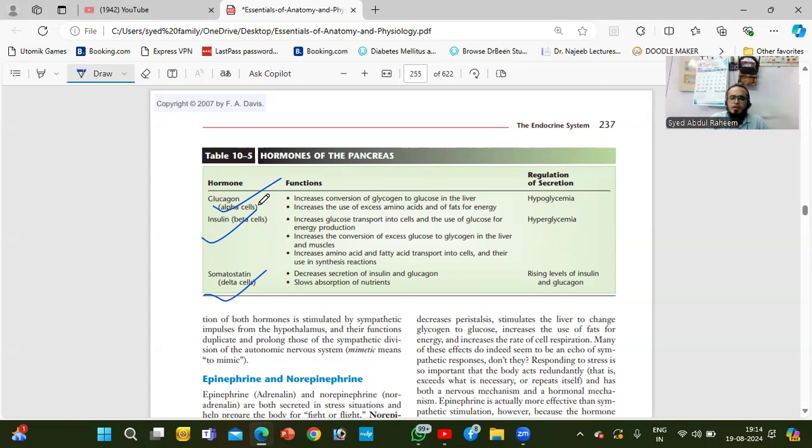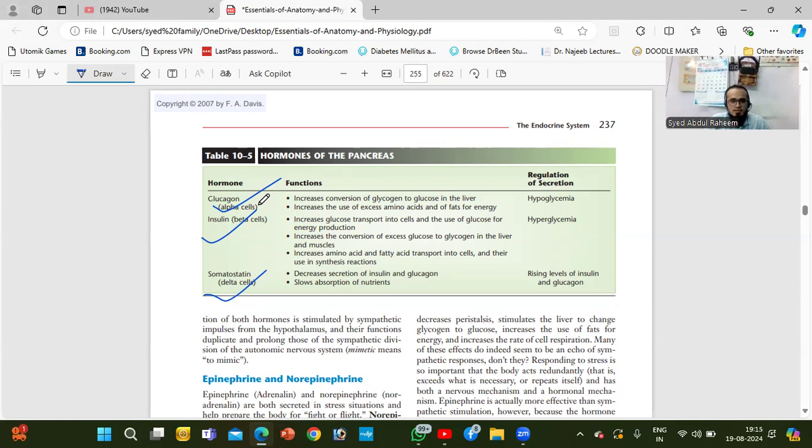In the exocrine part, digestive enzymes are released. In the endocrine function, we have three types of cells which release hormones.